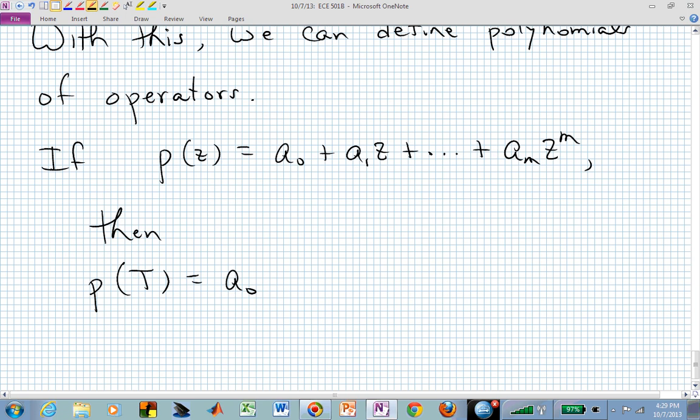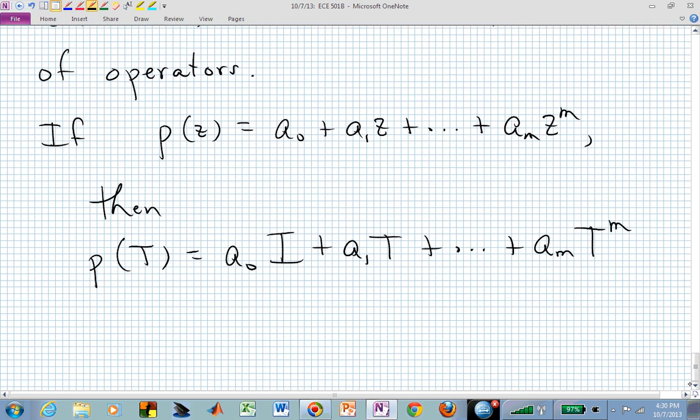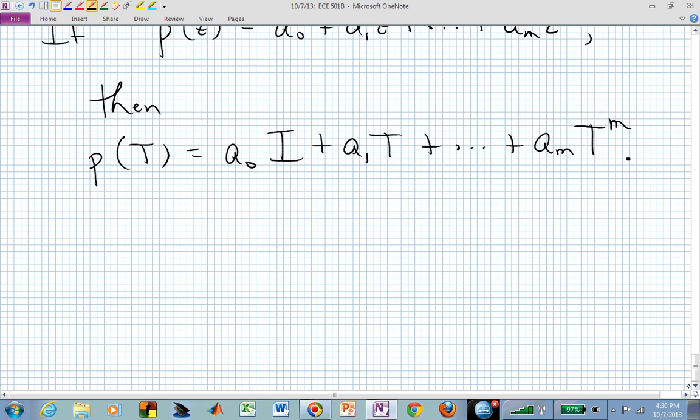It's not there, but it is implicitly. So now we have T to the 0, but we'll just rewrite that as the identity map, plus a1 T. So everywhere we see a z, we replace it with T. Plus dot dot dot plus a sub m T to the m. And now that we have these polynomials, we can start talking about generic functions of operators. And this is opening up a lot more possibilities.